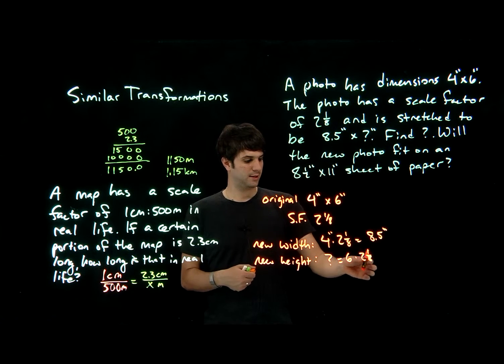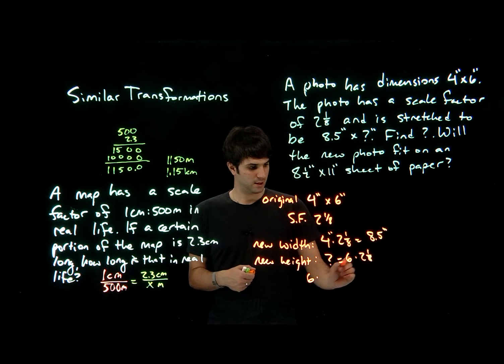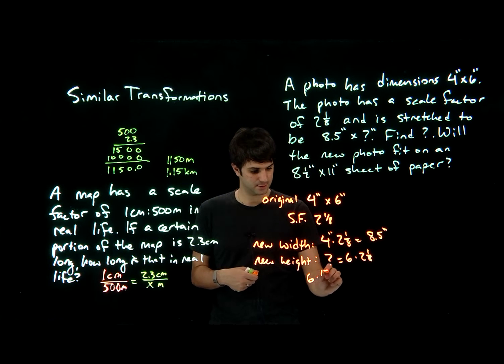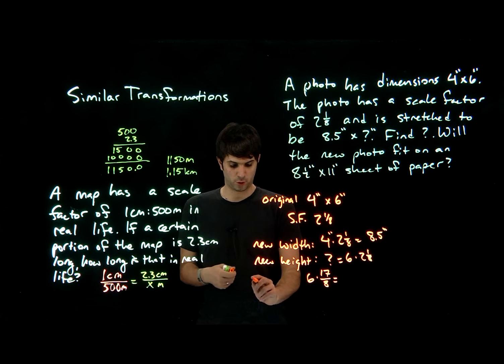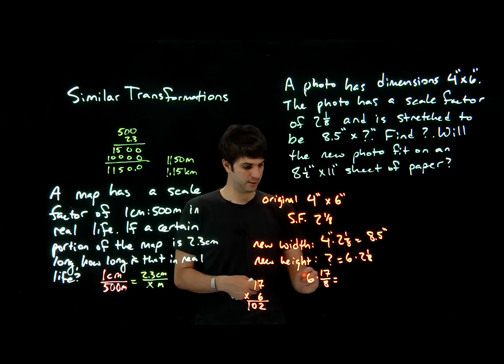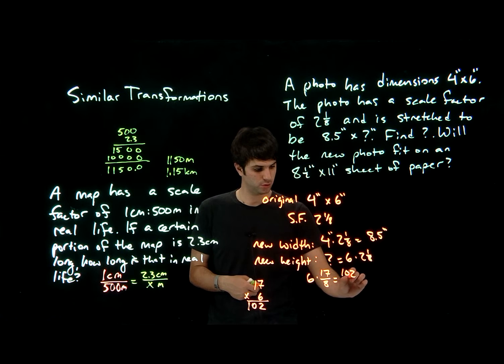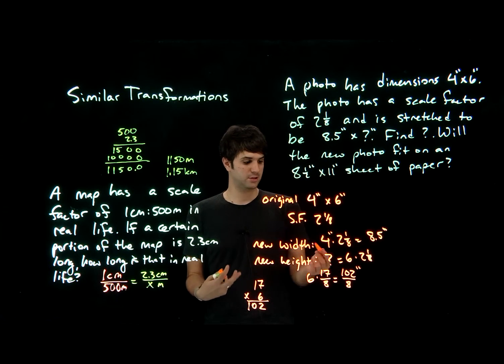It's easier for me to change the form and do 6 times 17/8. That's going to equal 6 times 17. If you don't know what that is off the top of your head, that's okay. 6 times 17 is 102. So this is 102 over 8, and 102 over 8 inches is our question mark.